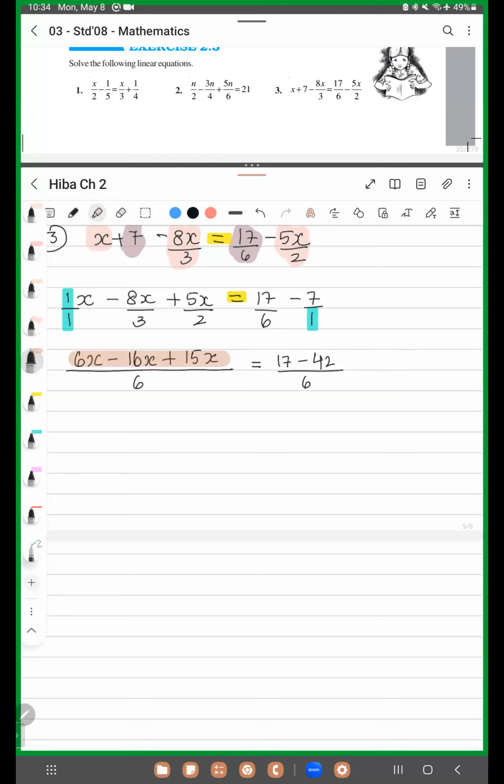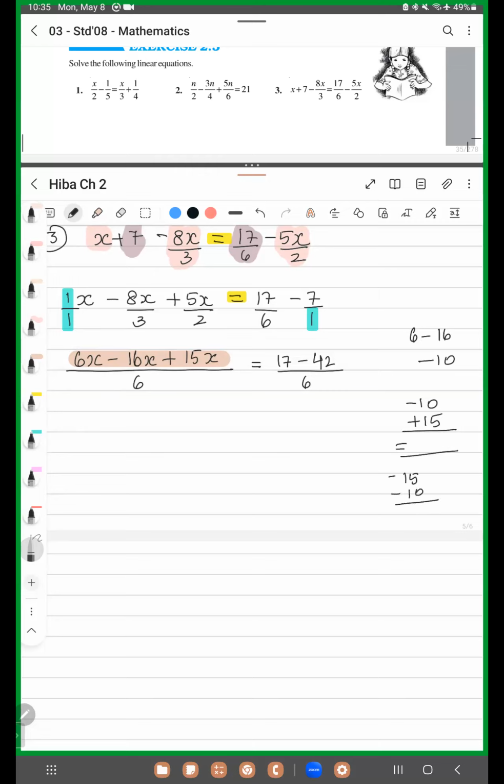So अब आप ये बताएं मुझे कि first let's do 6 plus 15, या फिर ऐसा करते हैं, what is 6 minus 16? 6 minus 16 is minus 10. Very good. Minus 10. So this becomes minus 10 plus 15. What is minus 10 plus 15? Think of it as 15 minus 10.